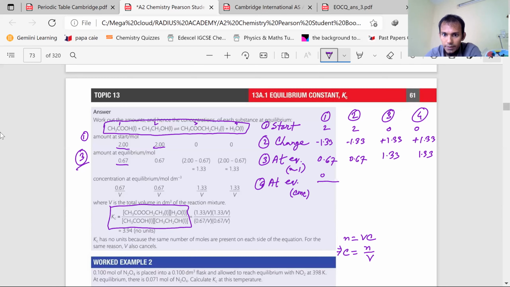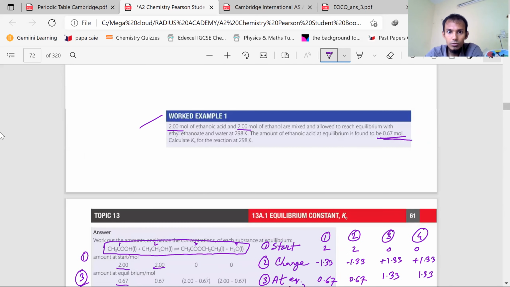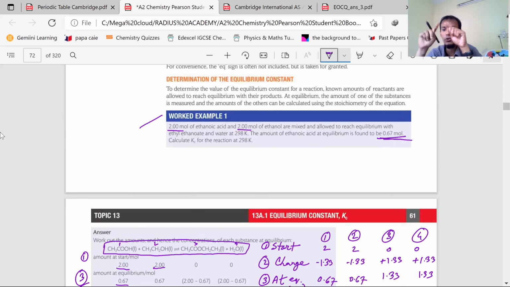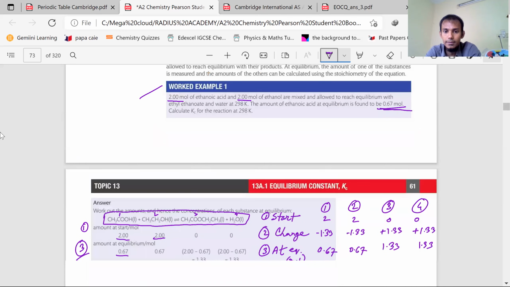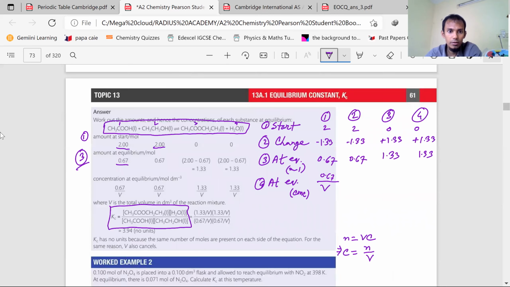Concentration is 0.67 divided by V, because we don't know the V. Let us take the volume as V, the total volume of the apparatus in which we are doing this reaction, which is the same. In V volume, 0.67 mole of ethanoic acid is present. Do you understand?